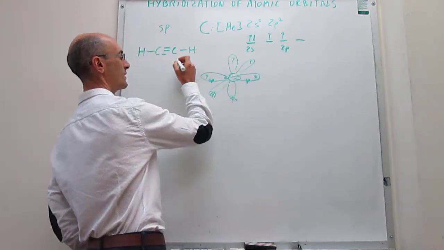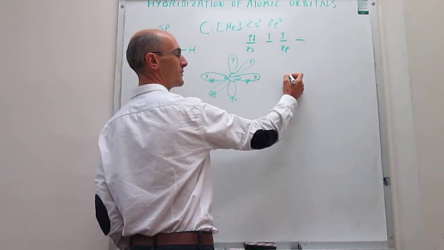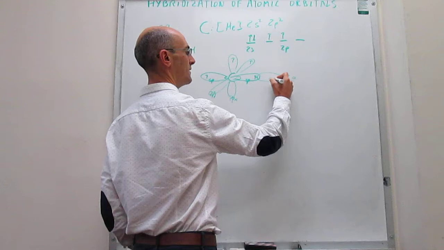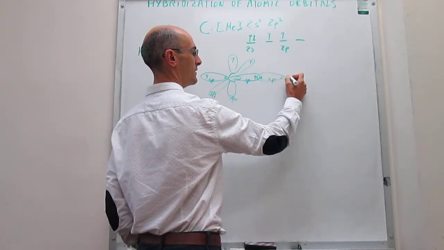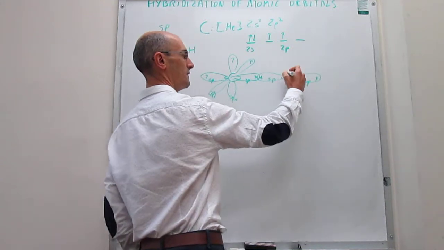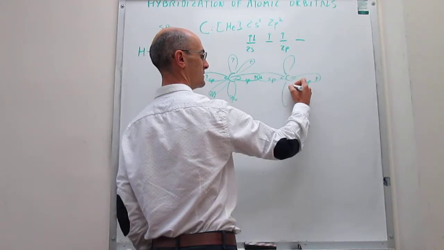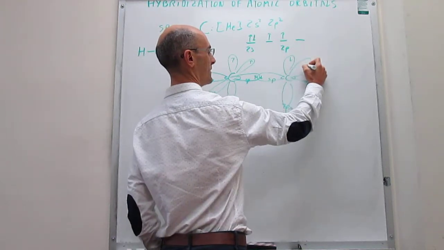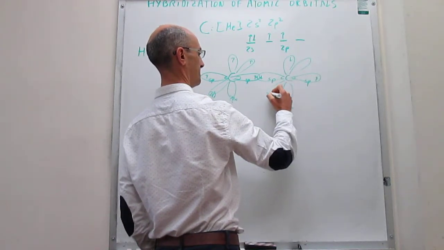Now we'll look at this other carbon atom, and the orbital structure will be exactly the same. You will have here an sp hybrid orbital, and then pointing the other way, you will have the other sp hybrid orbital, and then you would still have here a 2px, which is singly occupied, and then a 2py, which is also singly occupied.